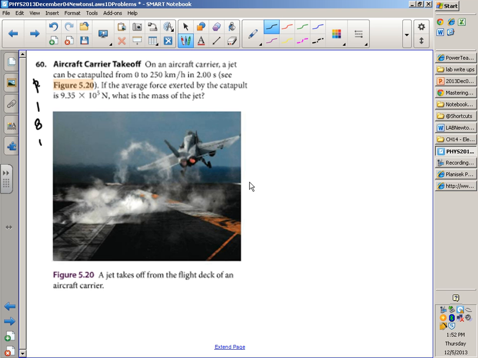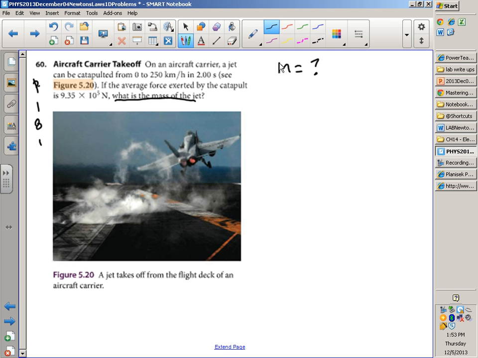If the average force exerted on the catapult is 9.35 times 10 to the third, what is the mass of the jet? So, first things first, this question is asking us for mass, right? What is the mass? Means that m equals question mark, right?